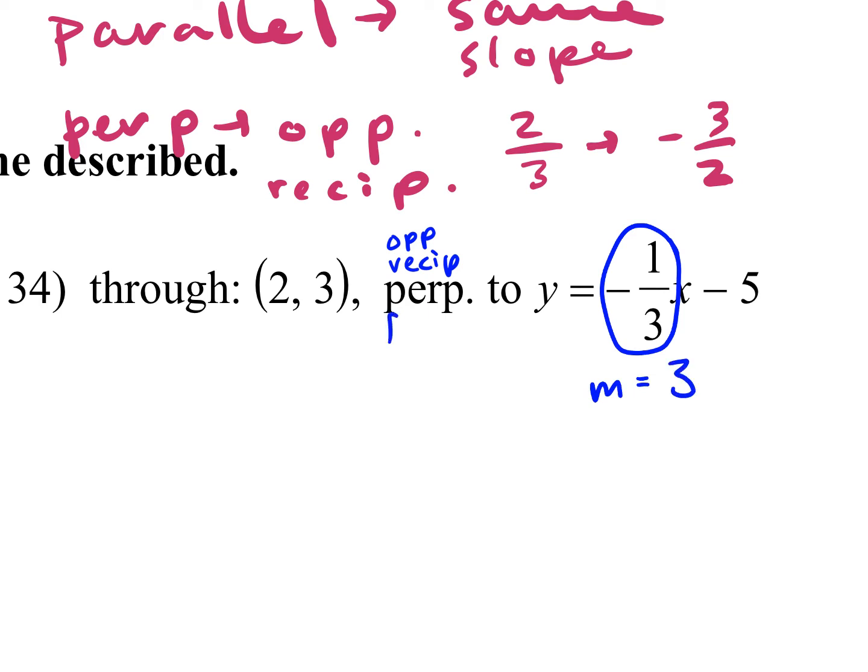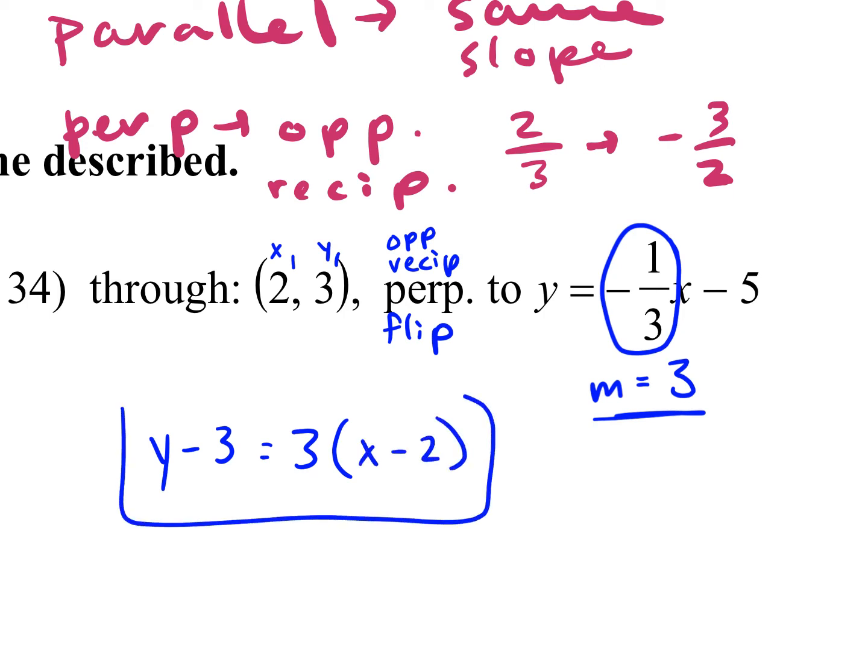So you flip it. And then we plug it in. So I have y minus y1, which is 3, is equal to m, which is 3, it's my new slope, times x minus x1, which is 2. So that's my equation.